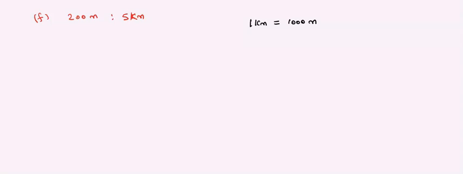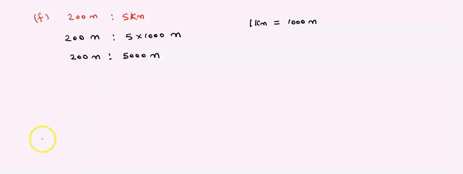It's up to you. If we are converting kilometers to meters, then what we have to do here is very simple. 200 meters is to 5, instead of writing k, we have to write 1000. Kilo means 1000 meters. So 200 meters is to 5 into 1000 meters. That's nothing but 200 meters is to 5000 meters.